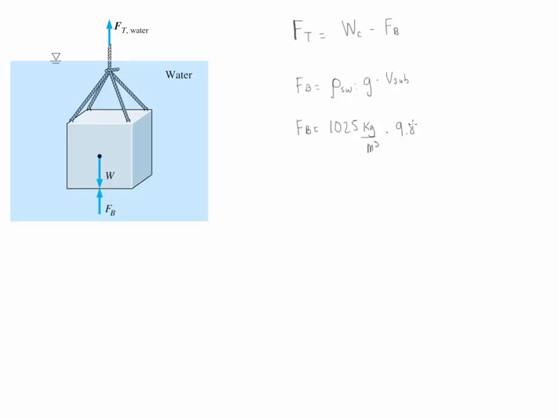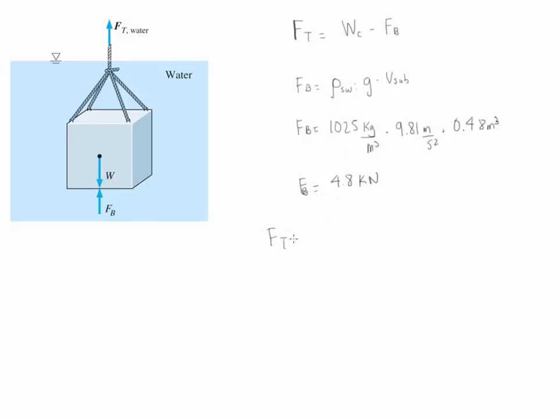Gravity is 9.81 meters per second squared. And the volume we calculated in the previous step is equal to 0.48 meter cubed. Therefore, the buoyancy force is going to be equal to 4.8 kilonewtons.